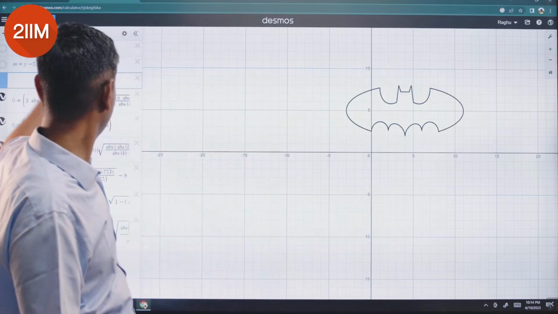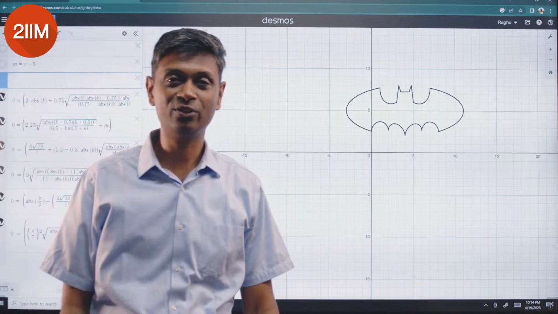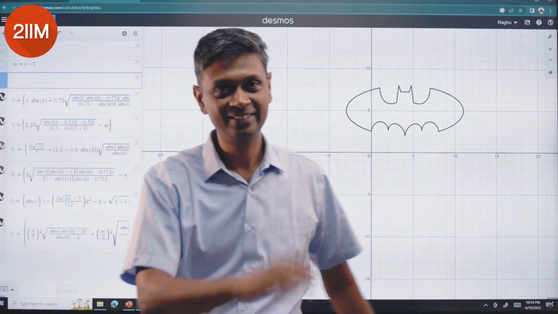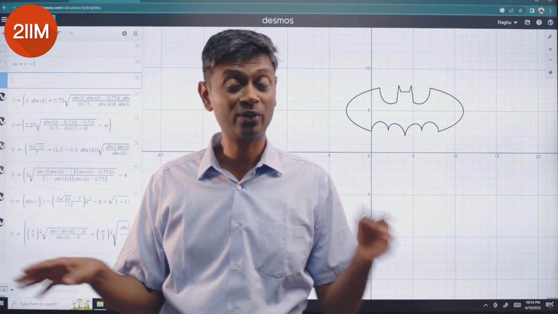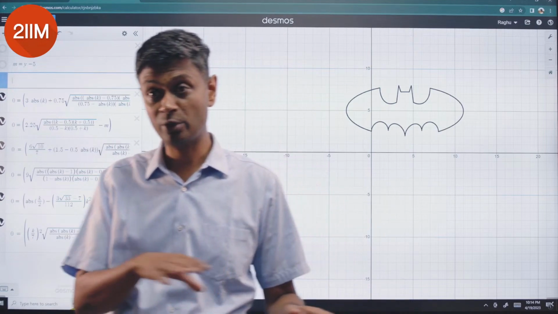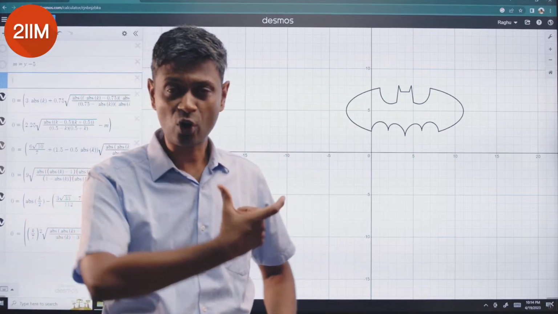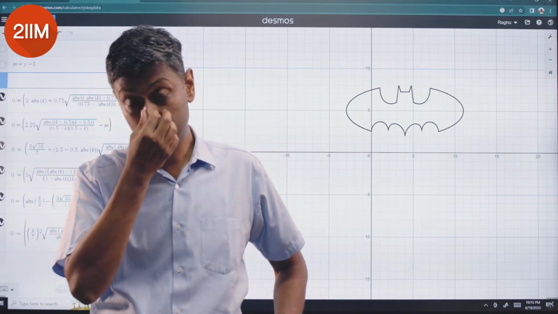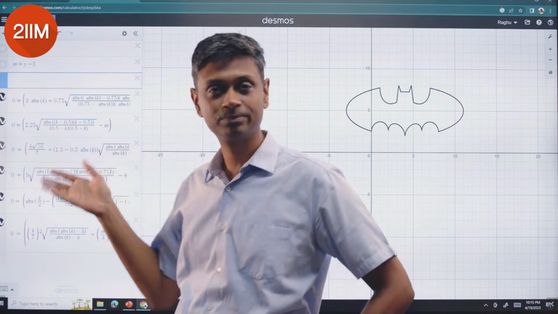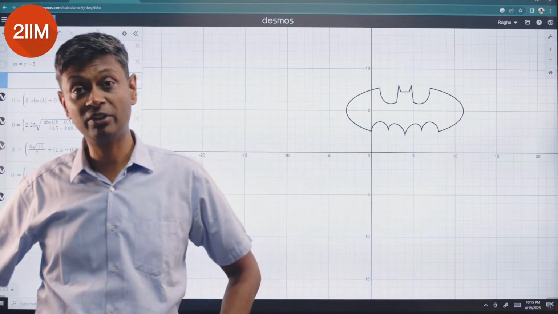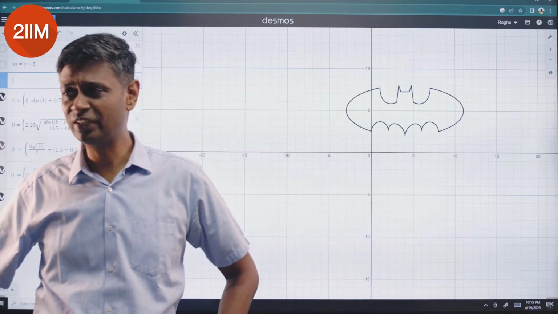Once you have drawn the Batman equation, which luckily enough for us is now done, you can move Batman up and down, left and right. You can make Batman bounce, you can make Batman shift, you can make Batman go around a circle, rotate about a point, all kinds of things. So the possibilities are endless in terms of having fun with Desmos, definitely do that.